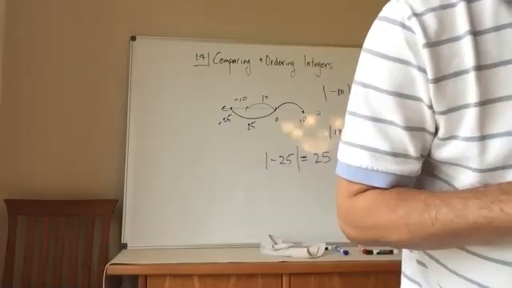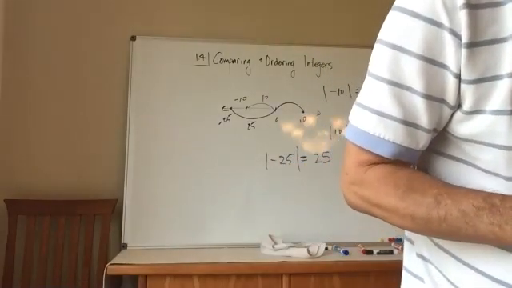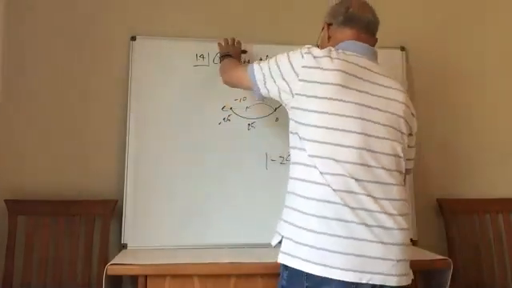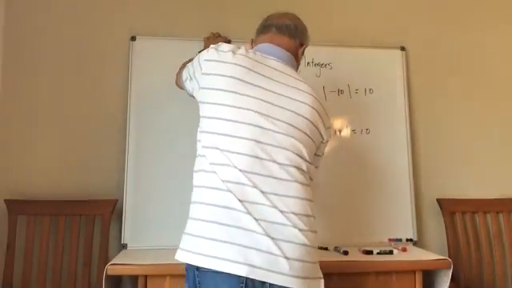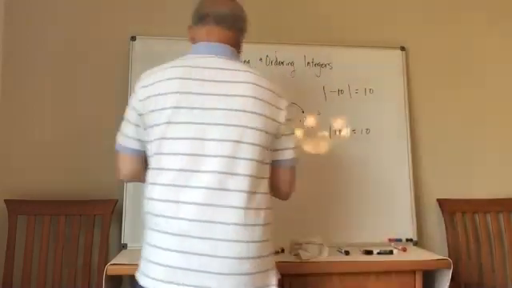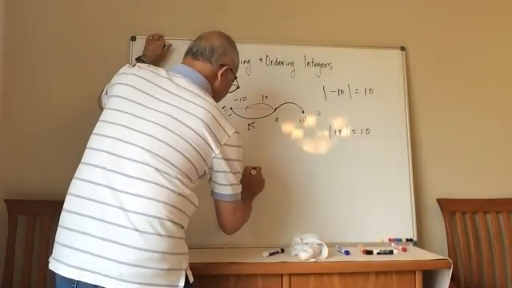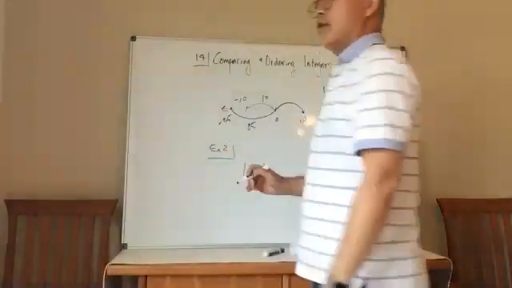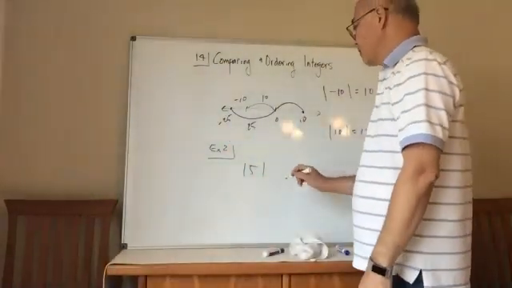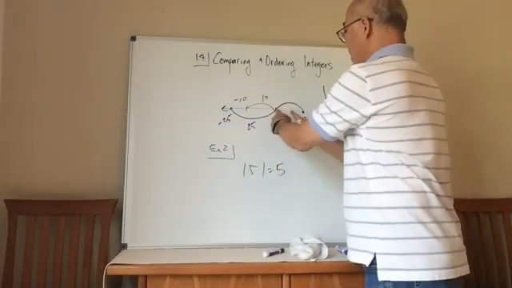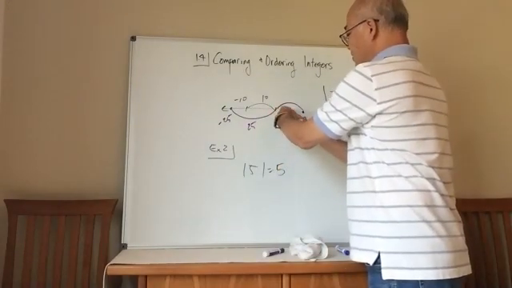Okay. So example number 2, state the absolute value of the number. So let's do example number 2. The first one is the absolute value of 5. So it's nothing more than just 5, right? From 0 to 5, the distance between 0 and 5 is 5.